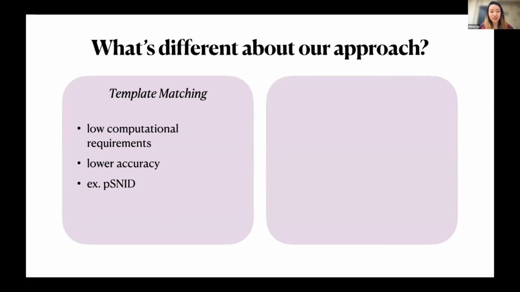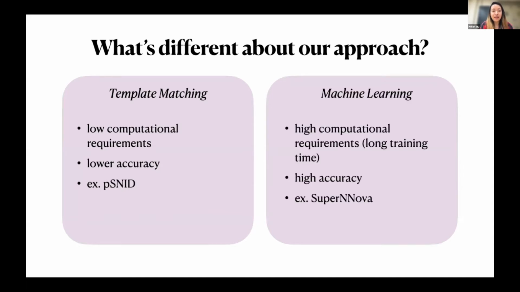An example of this is PSNID. The second group of approaches is machine learning based, which has higher computational requirements because they require long training times, but rewards us in terms of giving us good accuracies. An example here is a classifier called Supernnova.